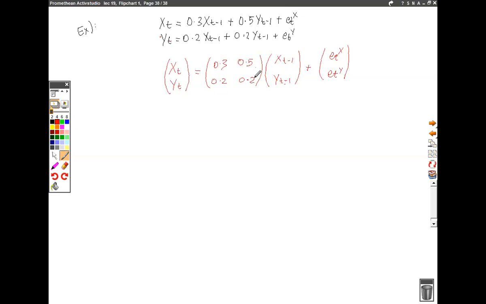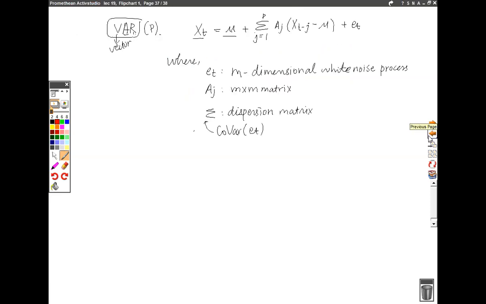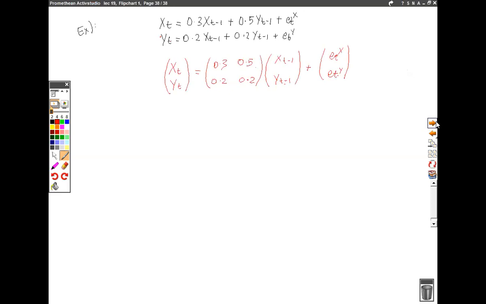So if I were to compare this model now, you see, I have a vector here, I have some matrix here, and again some vector here, and again some vector here. If I compare this, I can clearly see that my sum here is, because j is only 1, you don't have the sum, you only have this one term. So Aj here is this matrix right here, and this is some vector, and this is the vector which shares the same dimensions as the one that you look for.